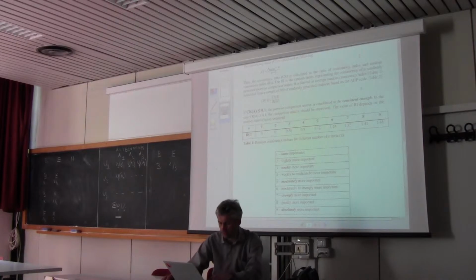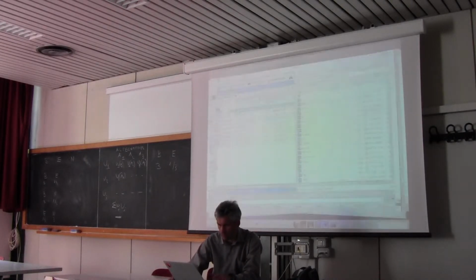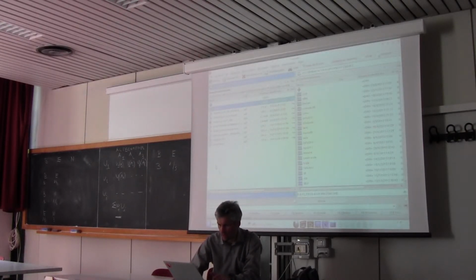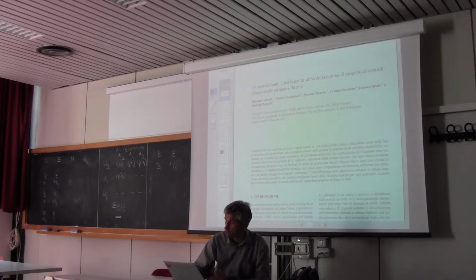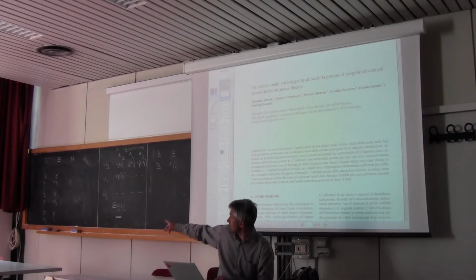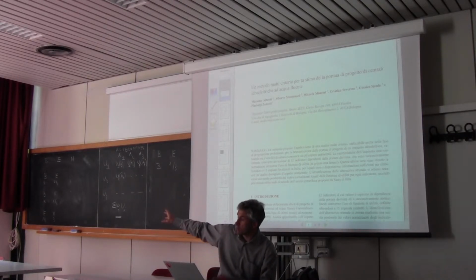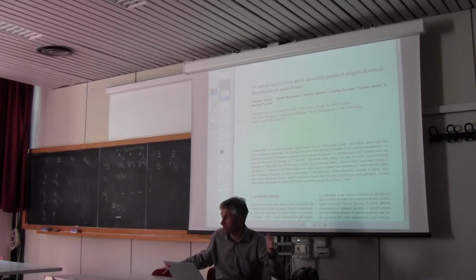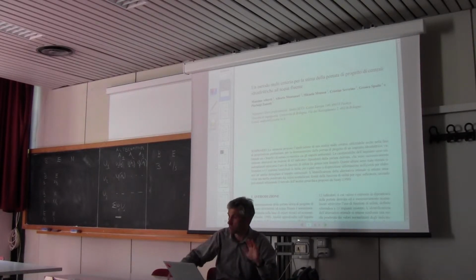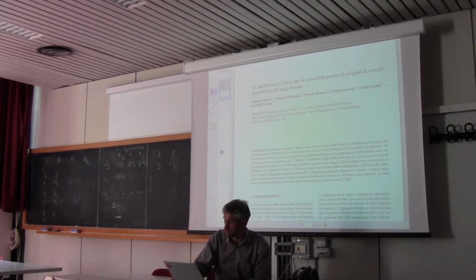And let me go back to this paper in Italian that I presented to you. This is an example of application of pairwise comparison with a prior determination of utility functions. The determination of the utility function was done in a different way, by several interviews with the people, and not through pairwise comparison. The pairwise comparison was used just to determine the weights.